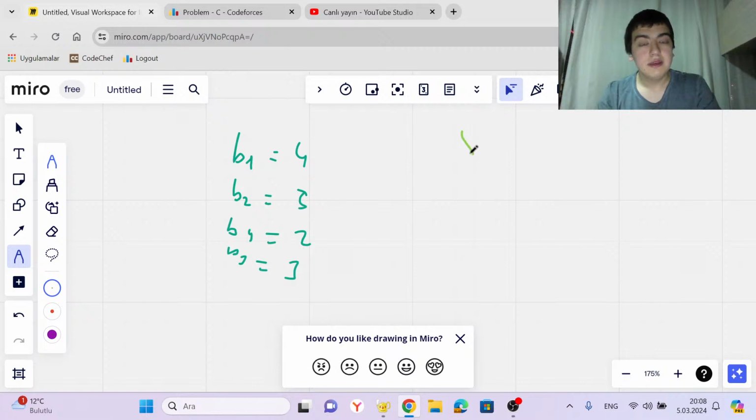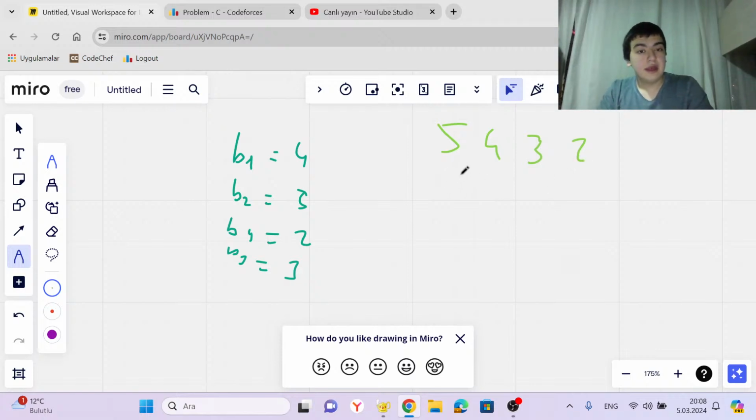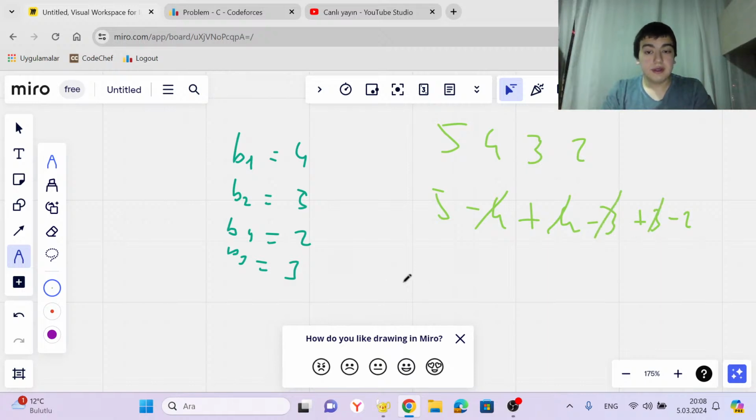If we order these numbers like 5, 4, 3, 2, we will only add 5 minus 4 plus 4 minus 3 plus 3 minus 2. The 4 and the 3 cancel, so we will only spend 5 minus 2 minutes.